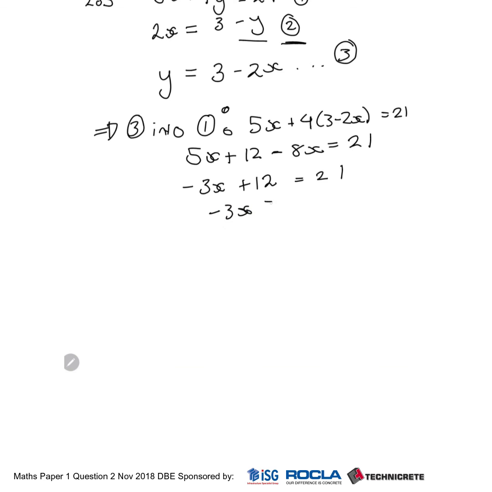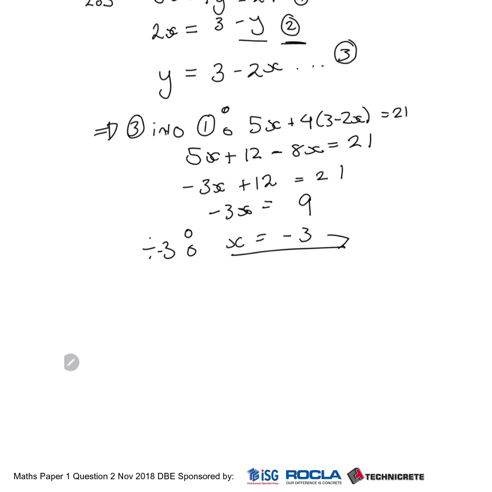Minus 3x is equal to 21 minus 12, because I'm taking the 12 over, which is 9. Then I'm going to divide by minus 3. Therefore, x is equal to minus 3.